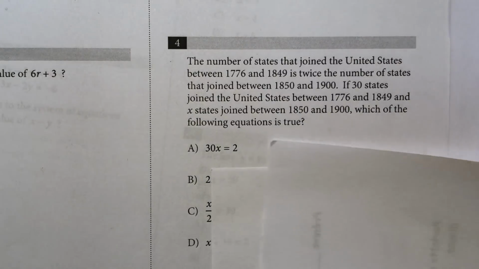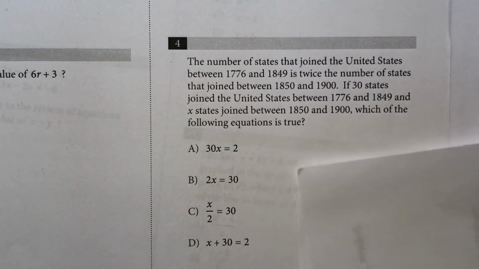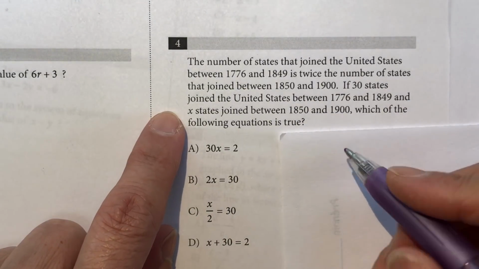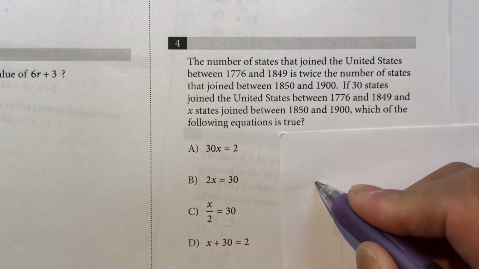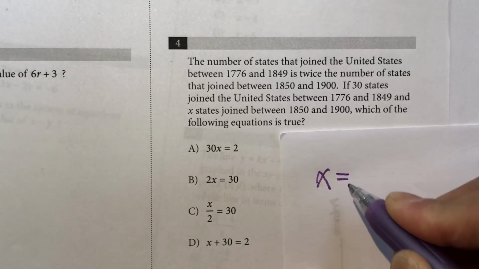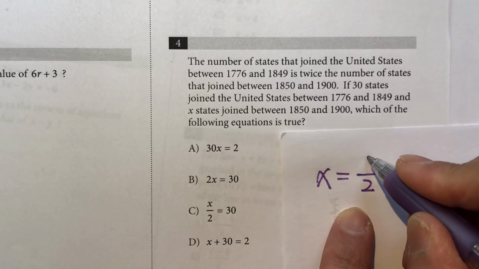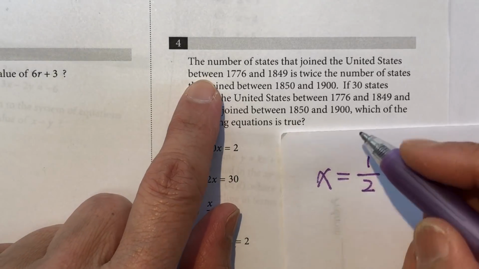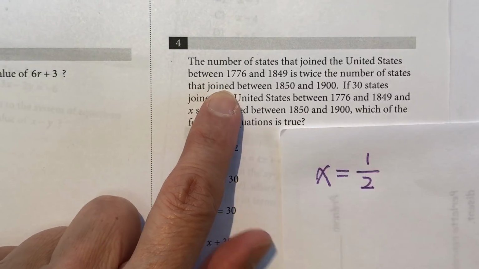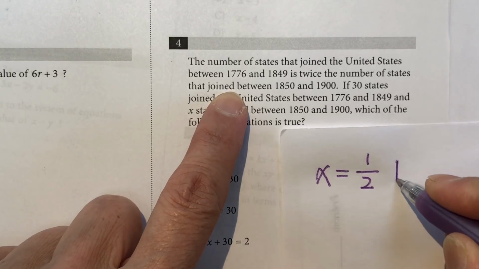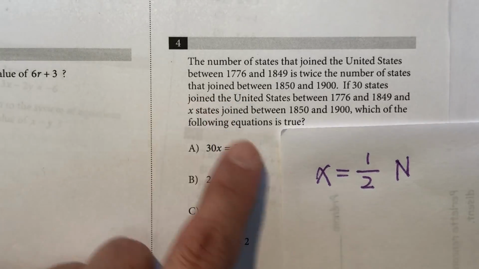So what we are saying, X states joined. X equals what? Equal to half of the already known number. I write a big N, right?